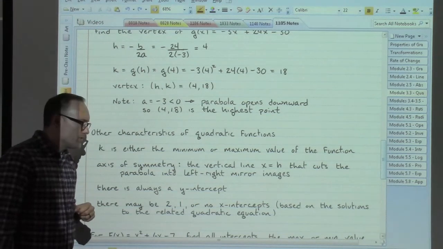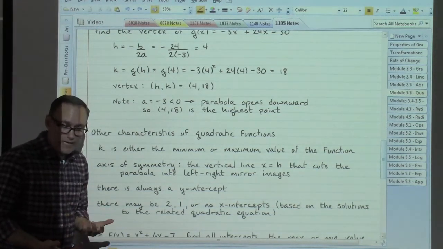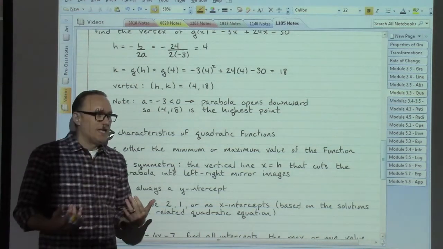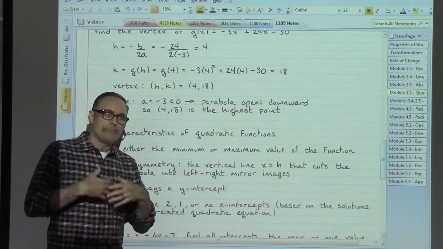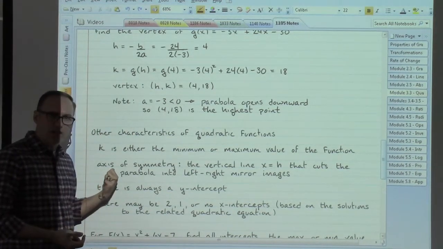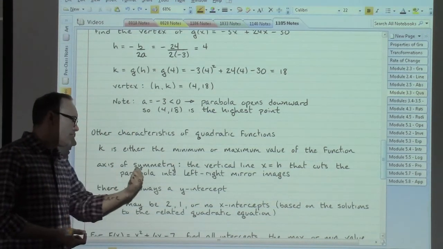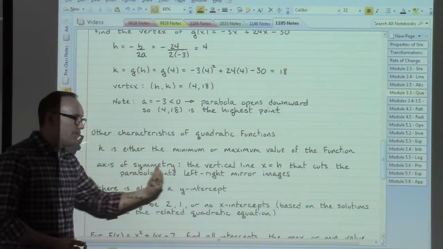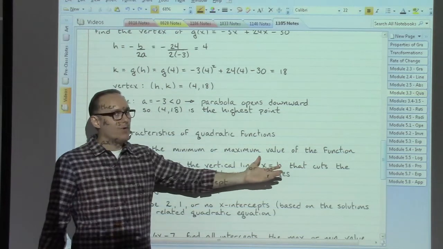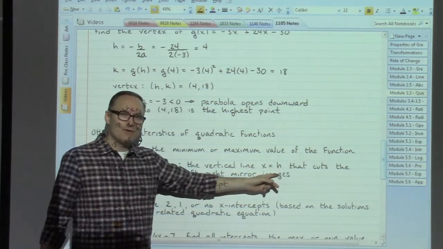Our parabola also happens to have some symmetry, but if we pick that up and move it, it's not necessarily a symmetry about the y-axis, but we can still cut it in half. So there is an axis of symmetry, a vertical line, that not coincidentally passes right through the vertex.